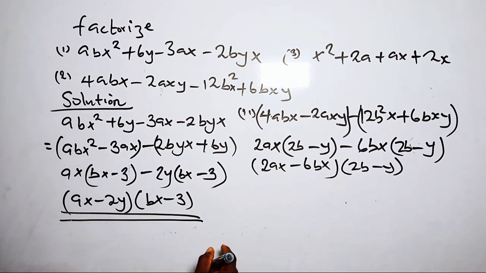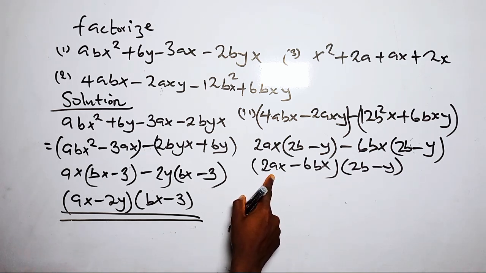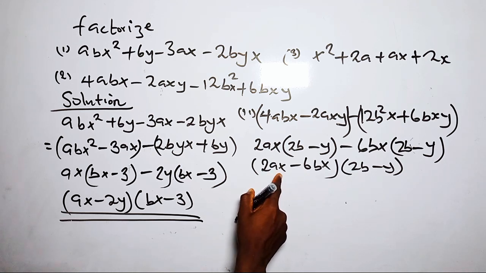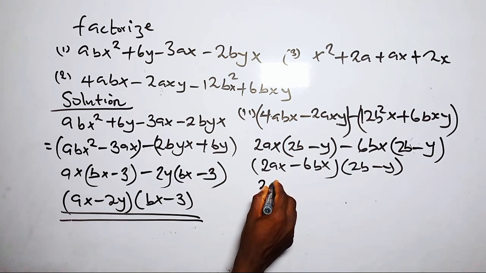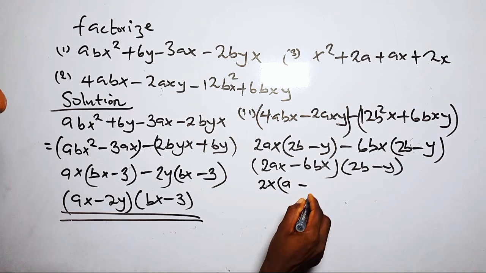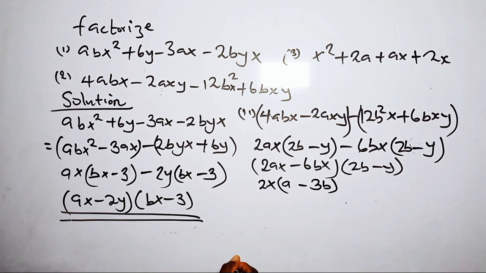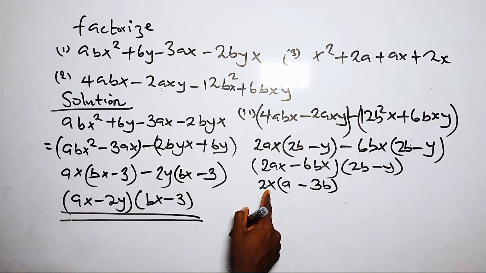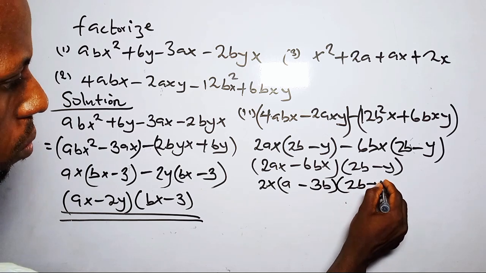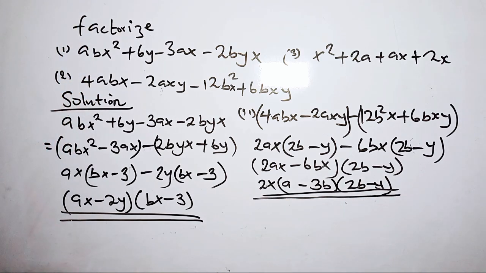Okay, so when we look at this, we can factorize this further. Okay, this bracket, we have 2 as the common factor. We have x, so we say 2x. Okay, here we have a minus 3b. Okay, so 2x times 3b is 6bx. So we have 2b minus y as our final answer.